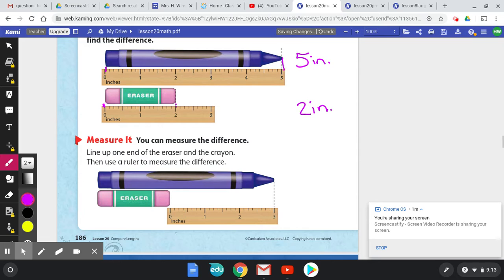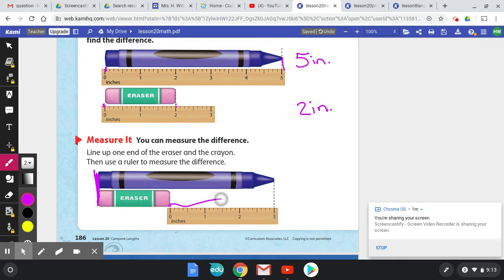It says to line up one end of the eraser and the crayon, then use a ruler to measure the difference. Yesterday, we just subtracted to find the difference. Today, they're actually lining them up as though you're going to measure them at the first end, the 0 end. But then you see they take their ruler and start at the end of the eraser and measure to the end of the crayon.